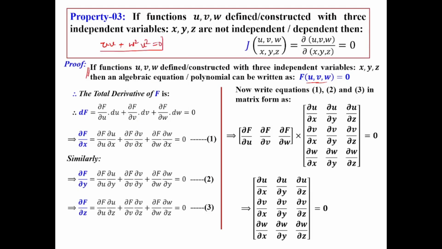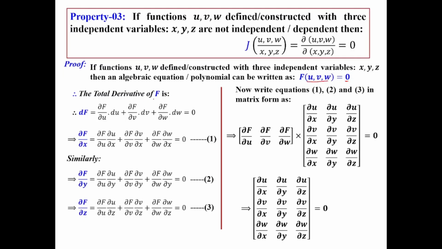A polynomial can be constructed like this if these conditions are given, that u, v, w are functions of three independent variables x, y, z, and u, v, w are not independent but dependent. So in general, that polynomial is represented as f of u, v, w equal to 0. That means this polynomial is a function of u, v, w.